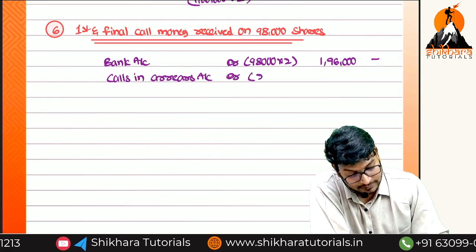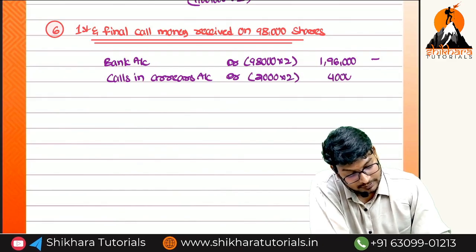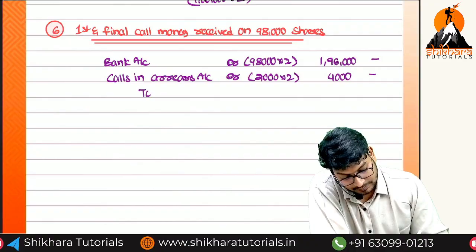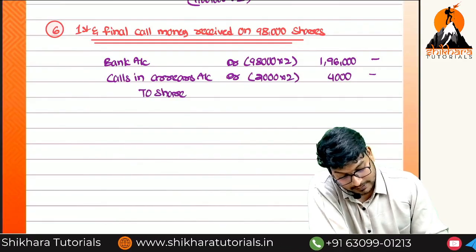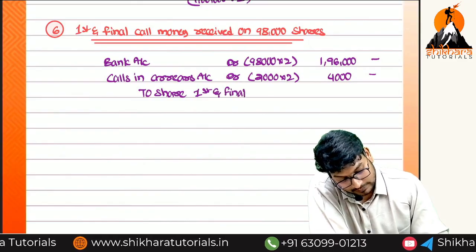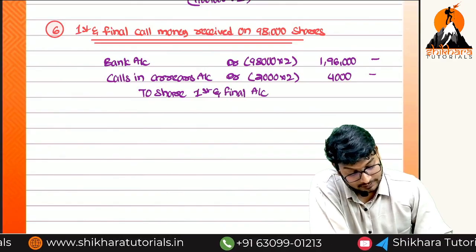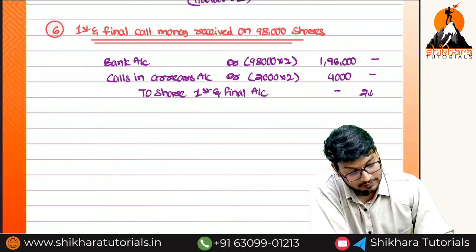How much ma? 2000 into 2, that is equal to how much? 4000. To share first and final call account. How much ma total? 2 lakhs.